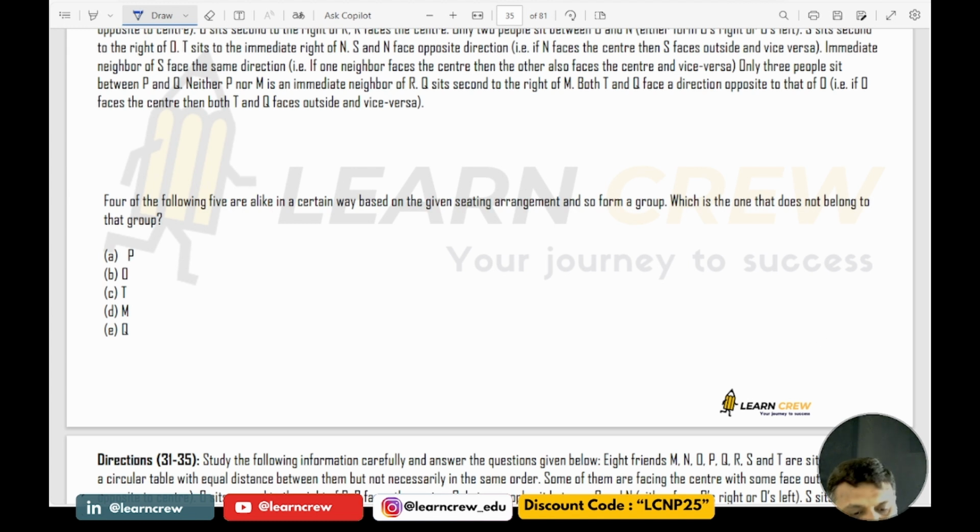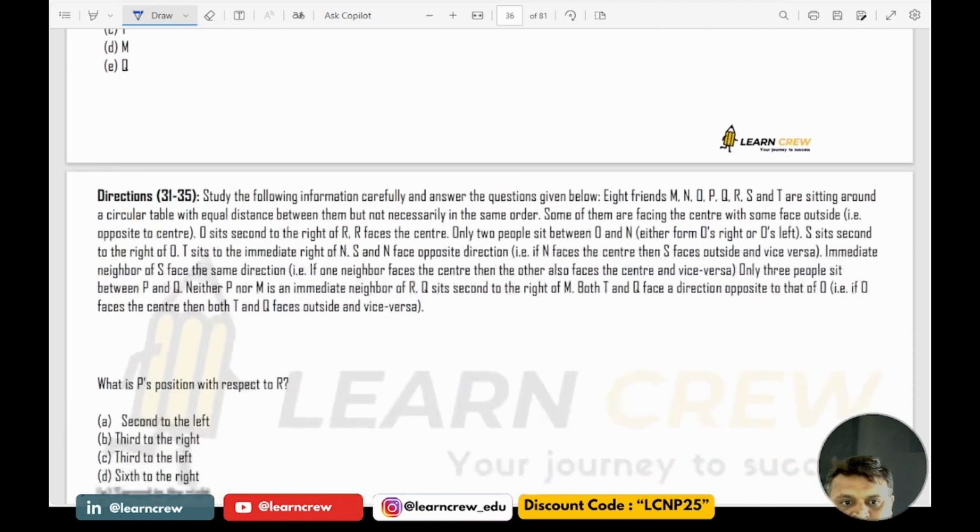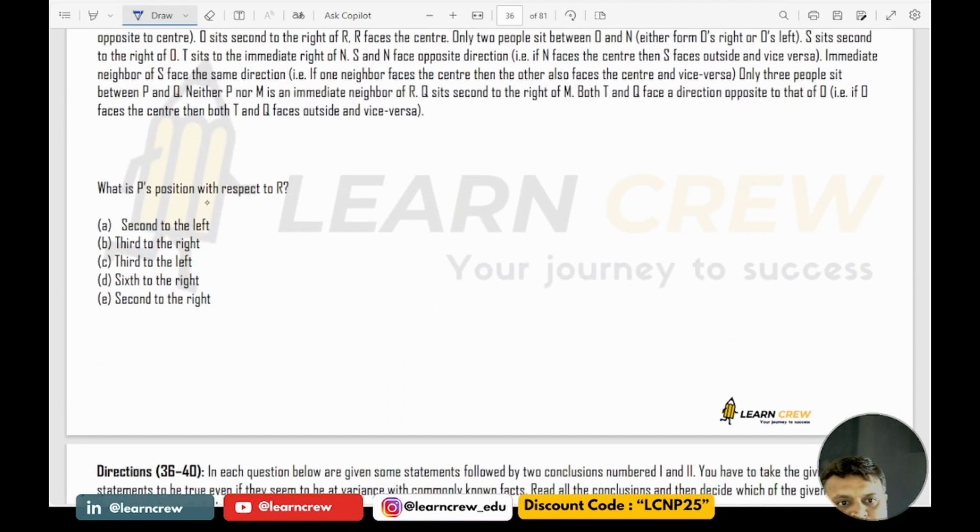P, O, T, M, Q. So P, T, M, Q are facing outwards, O is facing inwards. That's why O is different. Now, what is P's position with respect to R? First, second, third left. So third left.